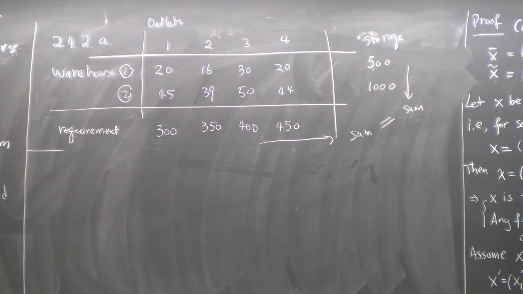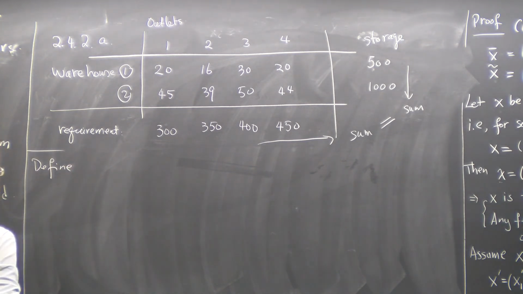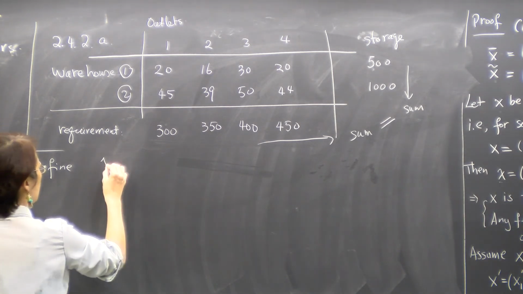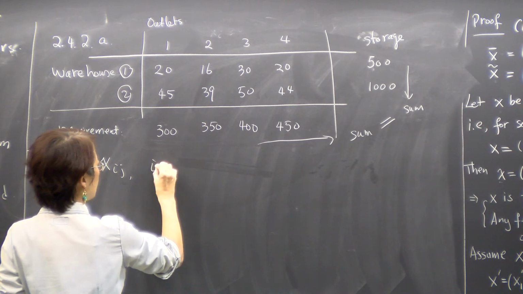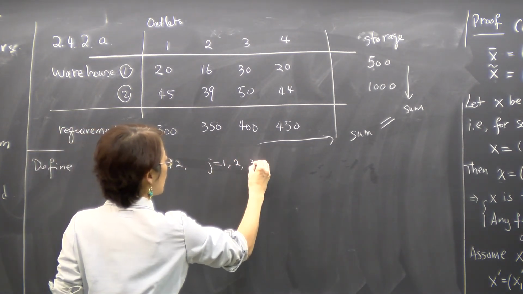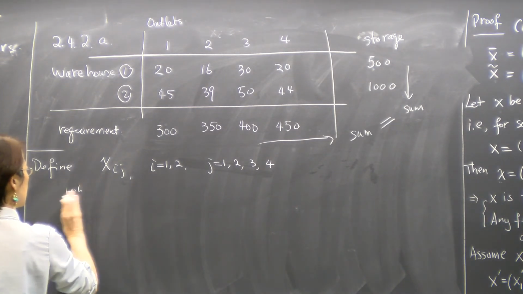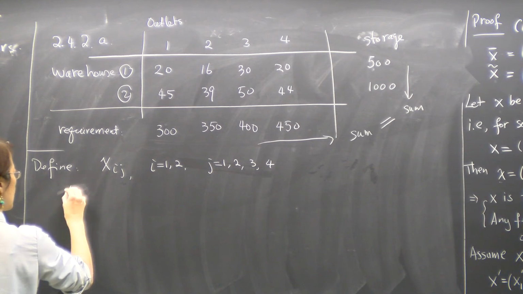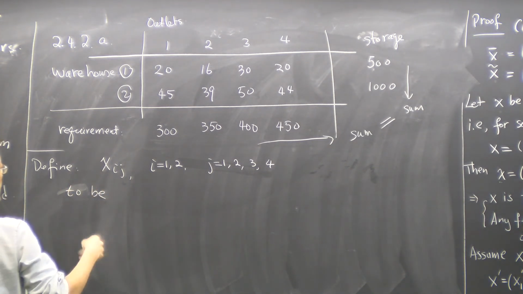Okay, so what variables will you define? You actually need to define a bunch of them. X_ij. Let's say i is 1, 2, and j is 1, 2, 3, 4. You need to write this down clearly for me to read to see what you mean by that. Okay? So define this to be the unit, that's your schedule, right?